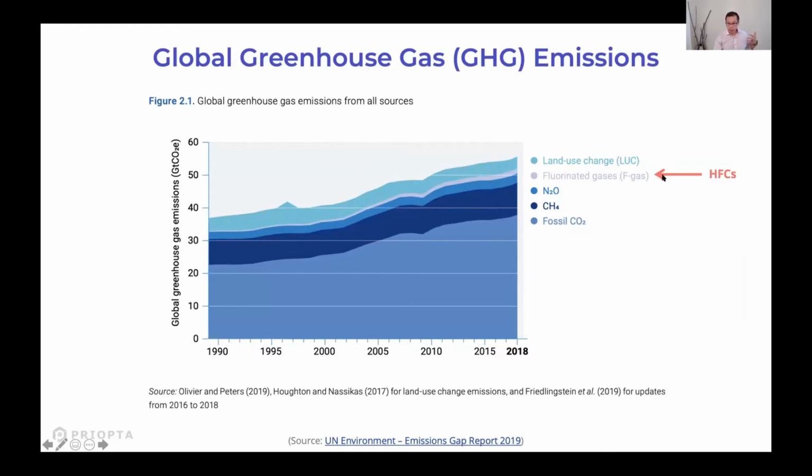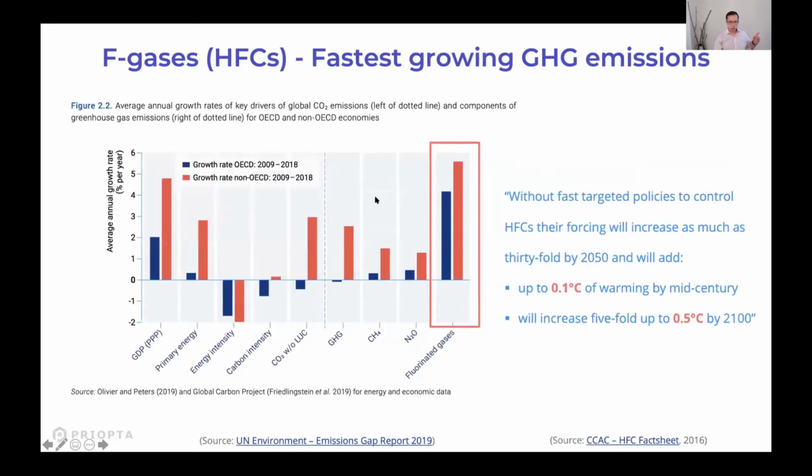So when we're saying HFCs, hydrofluorocarbons, which are used in some of our blowing agents, they belong to this F gases category. You can see this slice, even though it looks small, is actually increasing quite rapidly. Of all the different types of greenhouse gases, it's the fastest growing one. Depending on whether it's OECD or non-OECD countries, it's growing at a rate of, let's say, 4 to 5.5% each year.